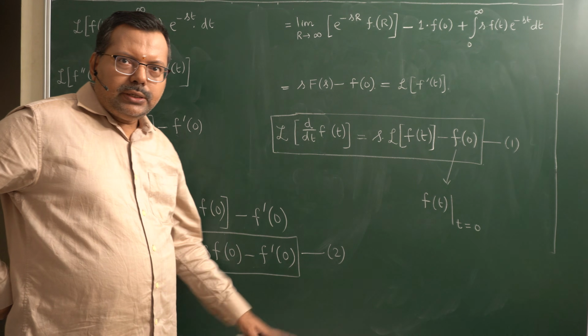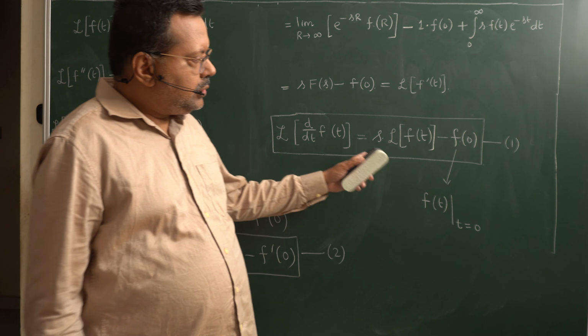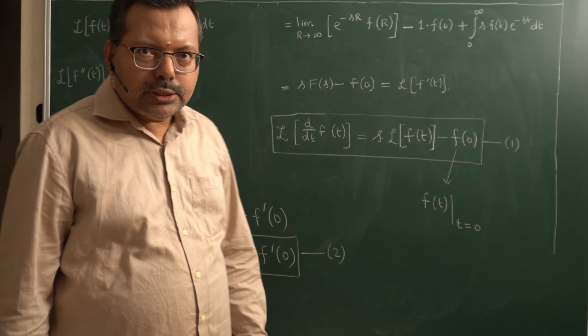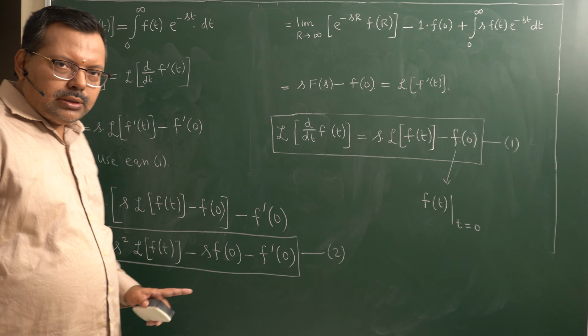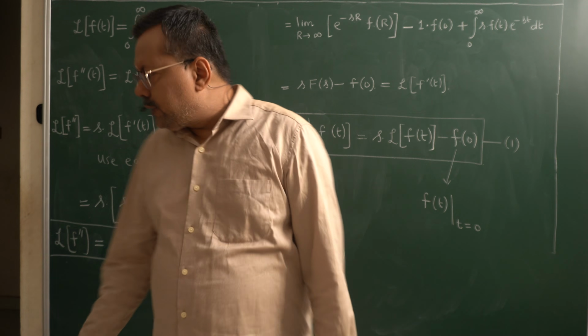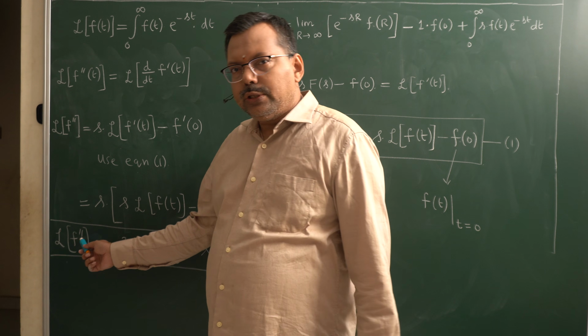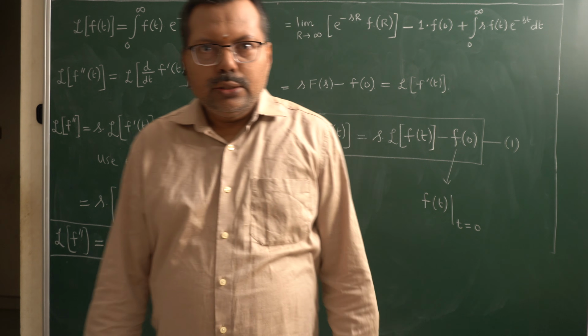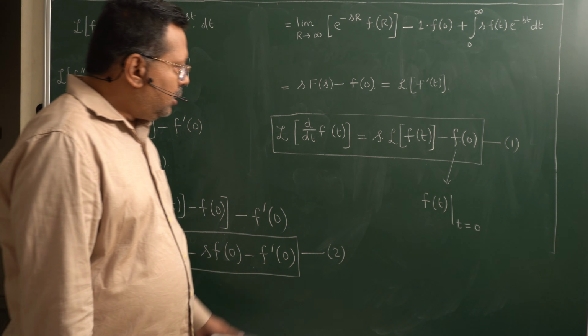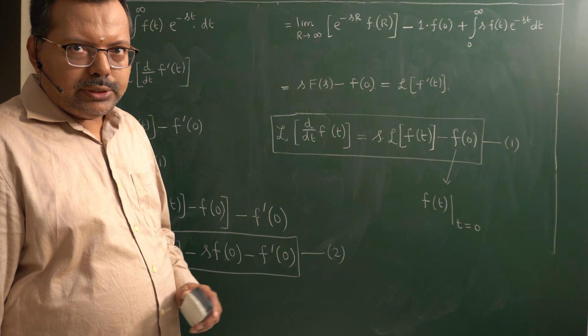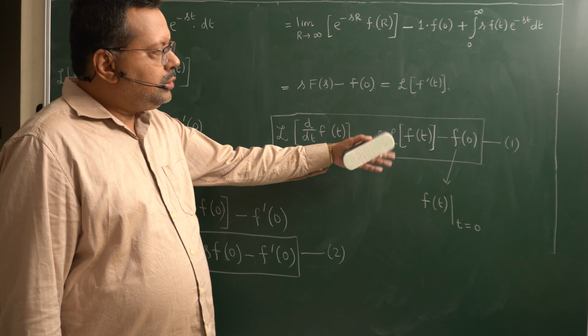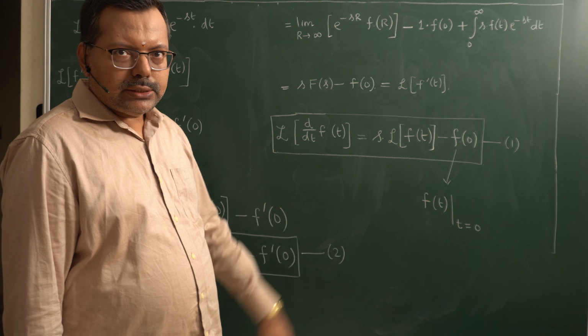This is called repeatedly using the same equation and then getting the expression. The clear meaning is that why only second derivative? You can also go to the third derivative, fourth derivative, etc. You can keep on doing this all the way up to n number of derivatives. You have to repeatedly use the same formula once again.